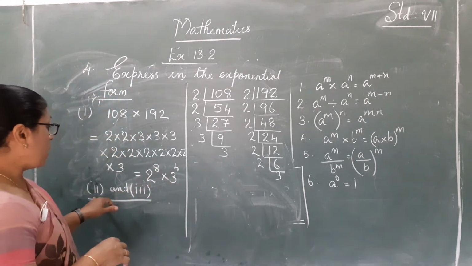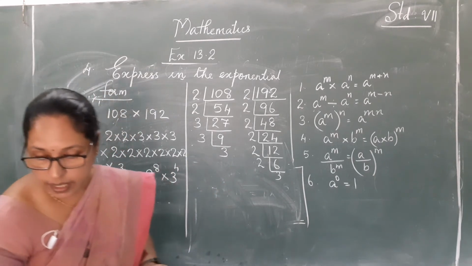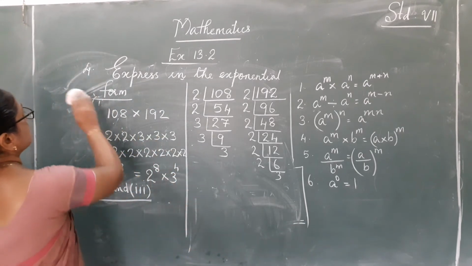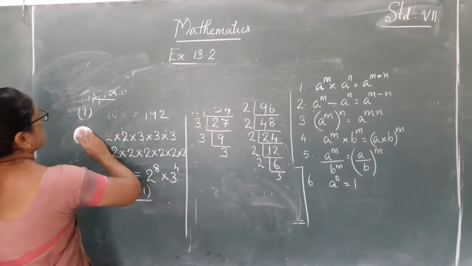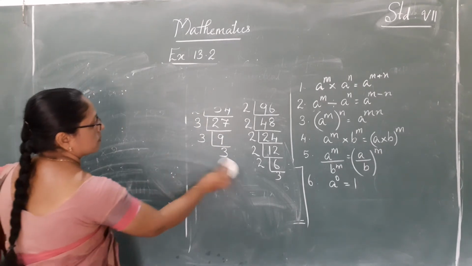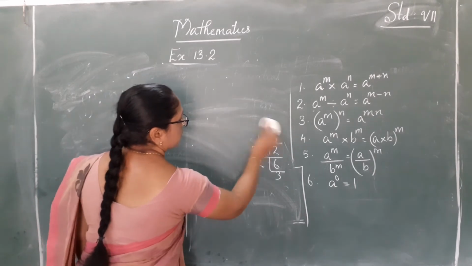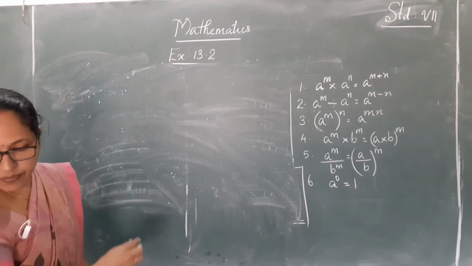So do the second and third parts under question 4 as homework. Okay, now question number 5, that is simplify.